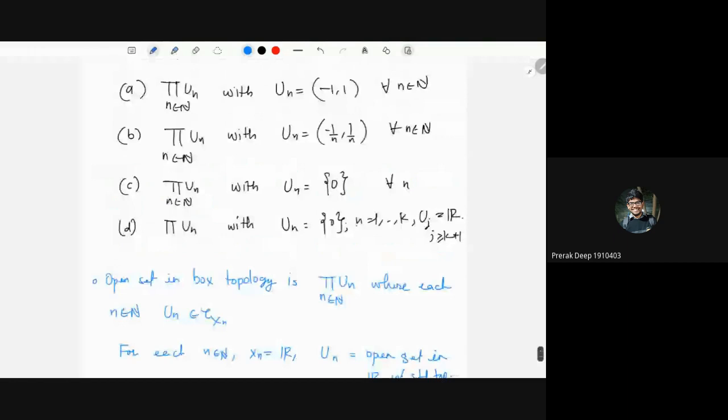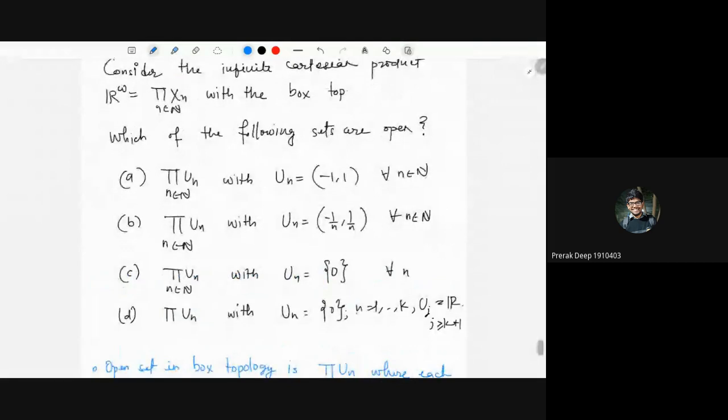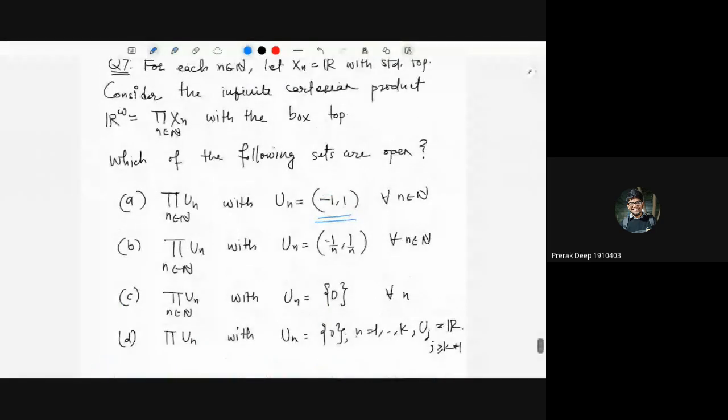Now let's look at option A. In option A, each U_n is an open interval. An open interval is an open set in R with the standard topology. So this is true.